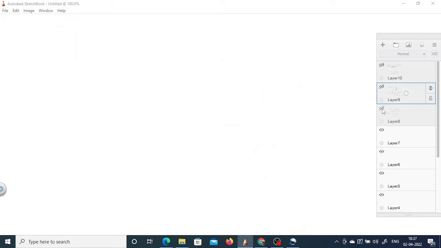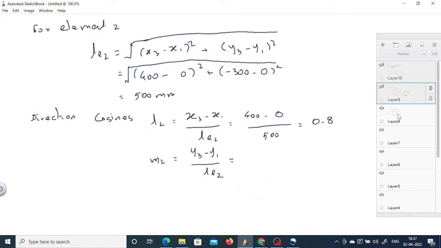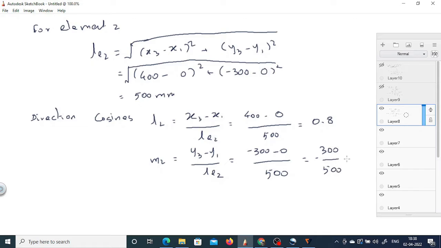So I can substitute those values in our formula. y3 is minus 300 and y1 is 0 divided by Le2, 500. So M2, with the aid of a calculator, I can identify as minus 0.6, which gives L2 and M2.